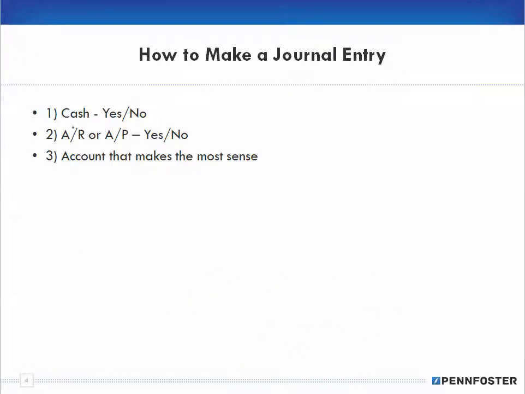The first thing that I always ask myself is, one, does this affect cash? And my answer to it is either going to be a yes or no. Now, why do I ask that question? Well, one, because it's the account that's used a majority of the time. And also, if you look at the accounting equation, assets equals liabilities plus equity, we know that the normal balance of an asset is a debit.